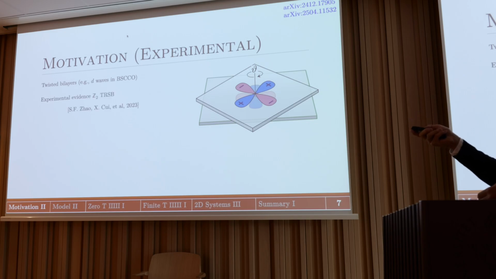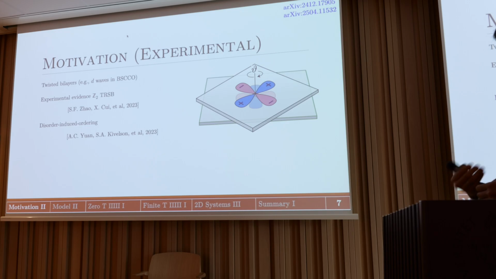Recently, there has been experimental evidence of time reversal symmetry breaking when 2 layers of BSCCO are rotated at some critical angle, 45 degrees to be exact. And in a previous work with my advisor, Steve, we showed that disorder can induce such time reversal symmetry breaking behavior. In our previous work, we only studied the weak disorder regime, but as I will show you, the strong disorder regime has a much richer phenomenology.